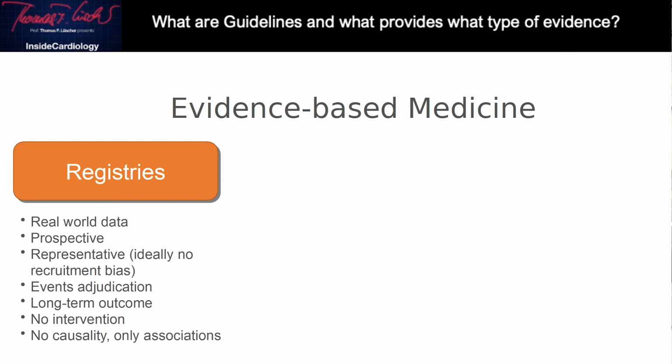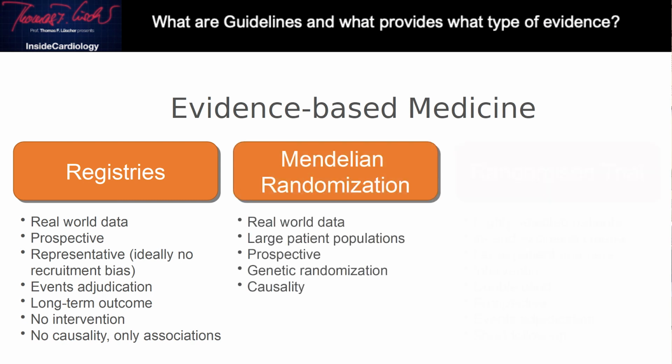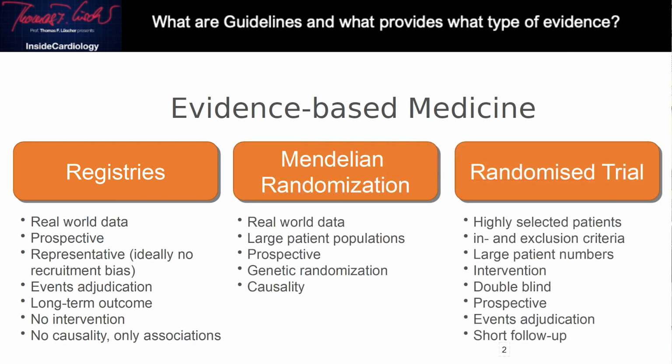Okay, so what evidence do we have for guidelines? Well, we have registries, we have Mendelian randomization and randomized trials. Now, registries are real-world data. They're ideally prospective, ideally have a central lab, and ideally have external adjudication, but they provide associations, not causality.